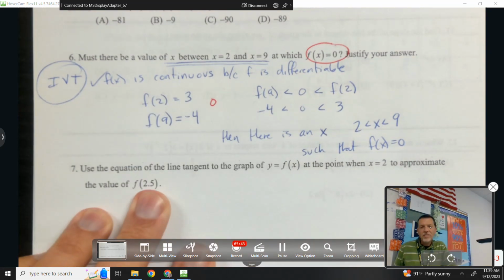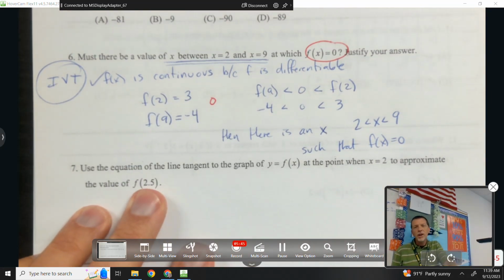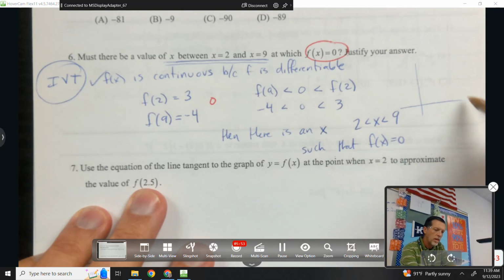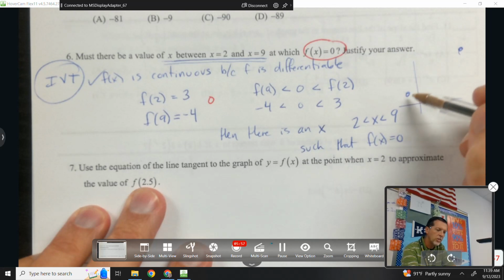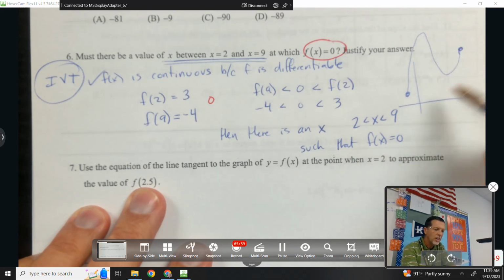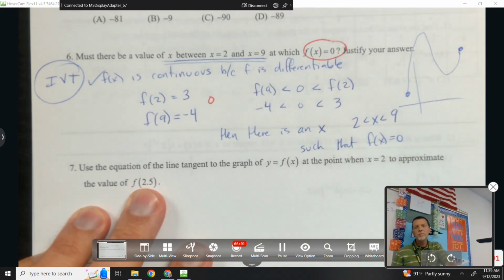You don't even have to say that that's IVT, but it's probably helpful if you recognize it. Again, if you start at some y value and end at another y value, and you're continuous, then you got to cross through all the points in between there.